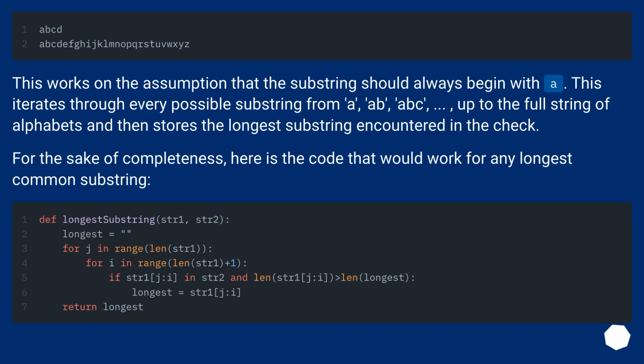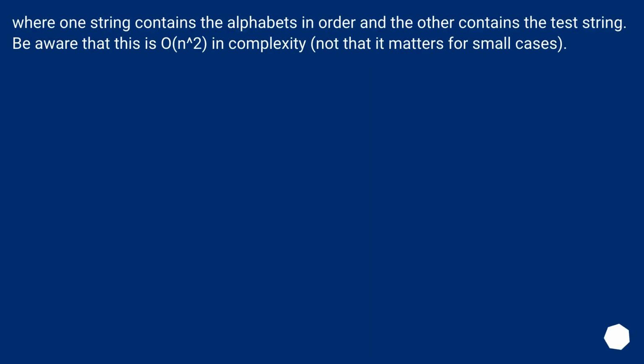For the sake of completeness, here is the code that would work for any longest common substring, where one string contains the alphabets in order and the other contains the test string. Be aware that this is O(n squared) in complexity, not that it matters for small cases.